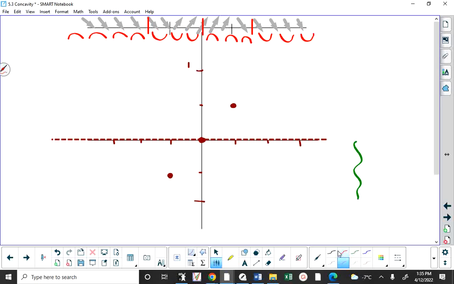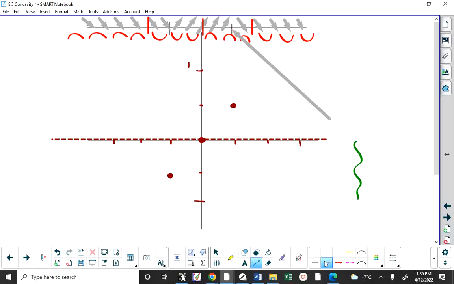√3. I want to point something out to you, and I don't know that it's that big of a deal, but I like it. If you look at when I drew those concave up and down arcs, when I got to a point here, which was a critical value of the first derivative, I intentionally put an arc right over top of the whole thing, because that critical value that I'm pointing at has nothing to do with concavity.